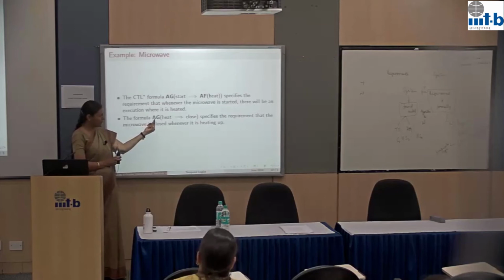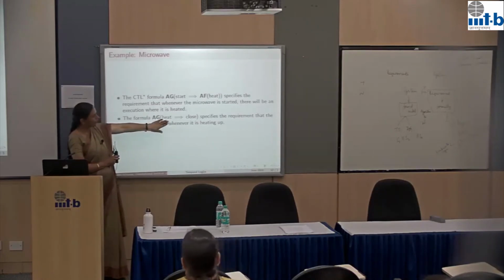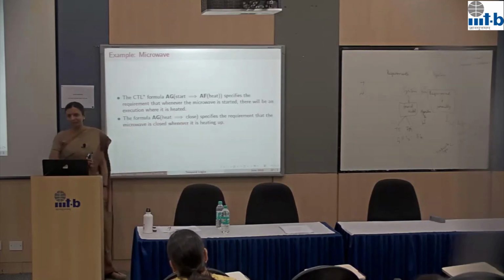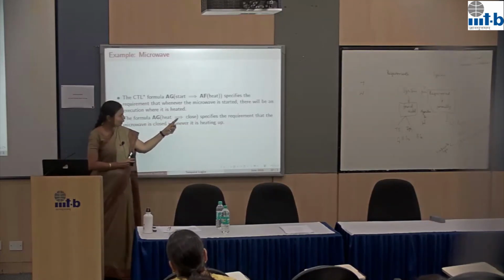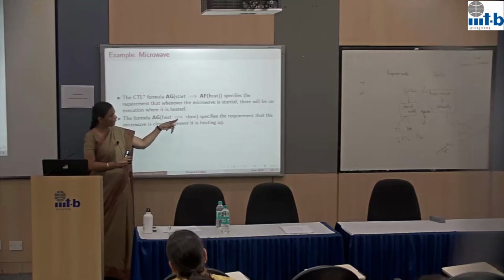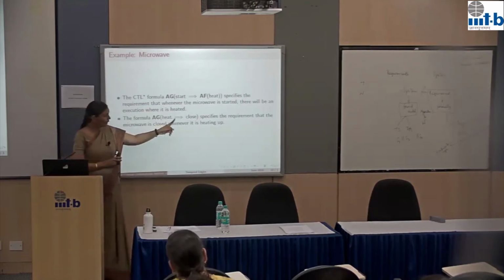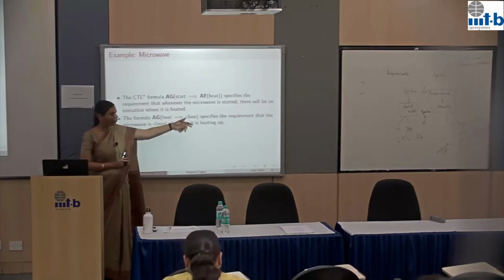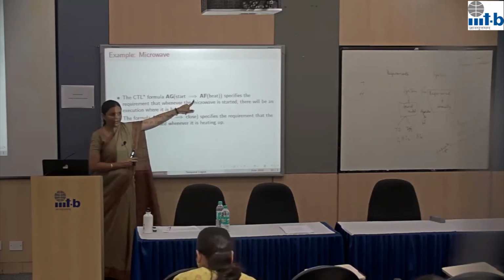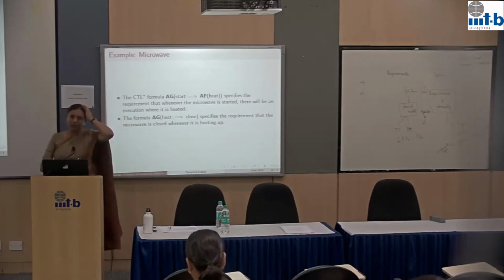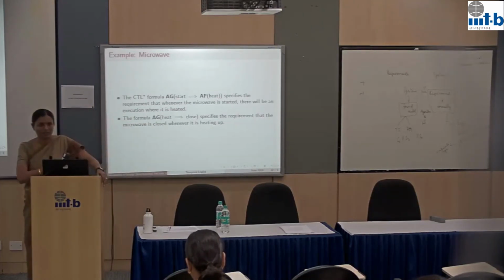Always globally, if the microwave is heated, then the door will be closed. So read this double-lined arrow as the logical implication, if then. If P, then Q. P implies Q. It's a normal propositional logic implication. P implies Q is not P or Q in logic.